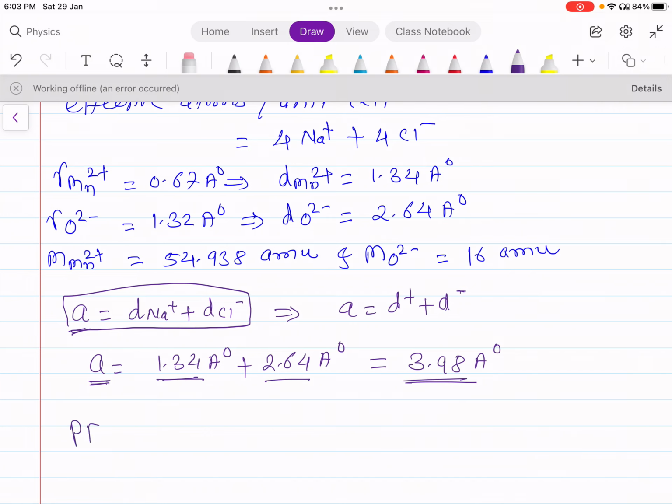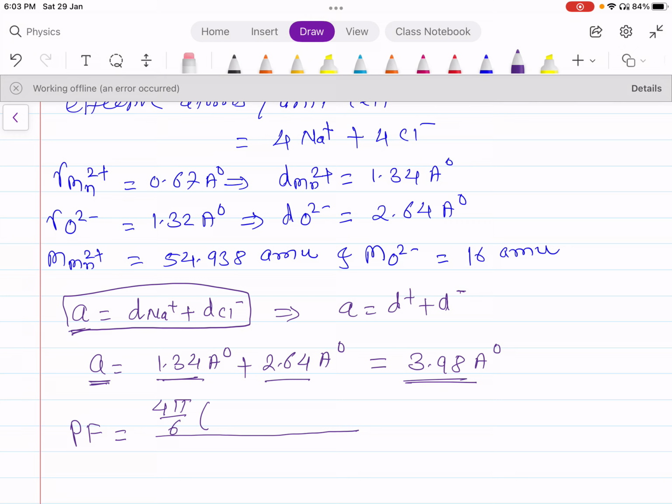Then we have to find the packing fraction. Now in the unit cell, there are 4 ions of manganese and 4 ions of oxygen. So instead of pi by 6, we will take 4 pi by 6.